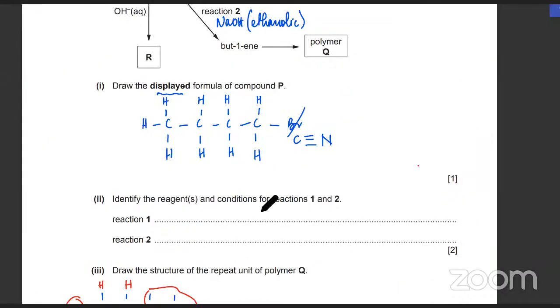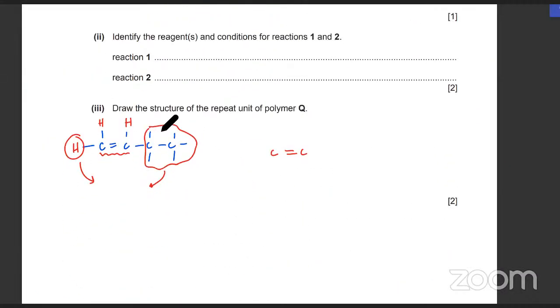अच्छा, identify the reagents. We did that. इसका हम वो बना रहे थे, polymer. So we're going to try and make the polymer, and to make the polymer, remember double bond के right और left पे कुछ नहीं होना चाहिए. So the H over here has to be bent downwards, and this thing over here should be bent downwards as well.